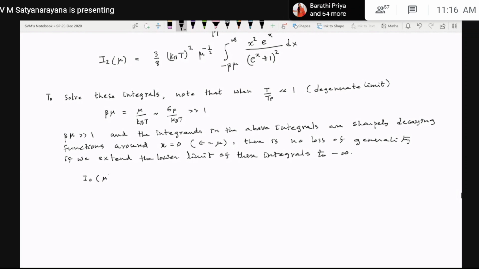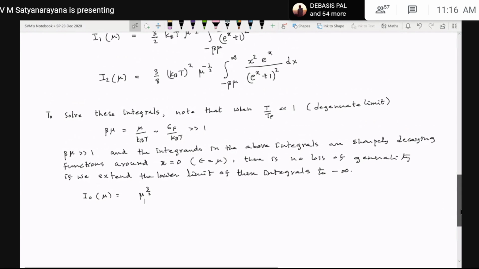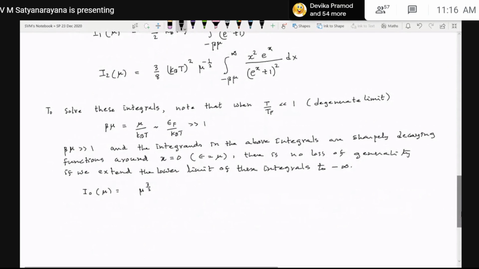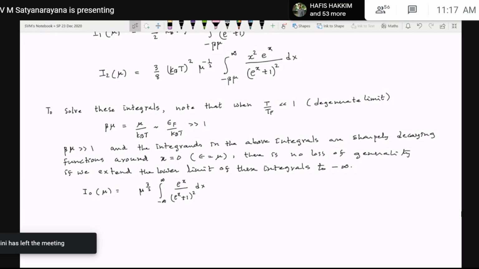I0 of mu is equal to mu to the power 3 by 2 times the integral from minus infinity to plus infinity of e to the x by e to the x plus 1 the whole square dx.